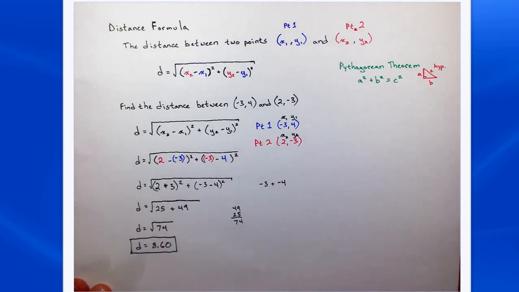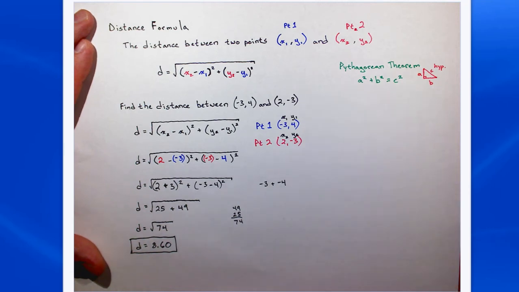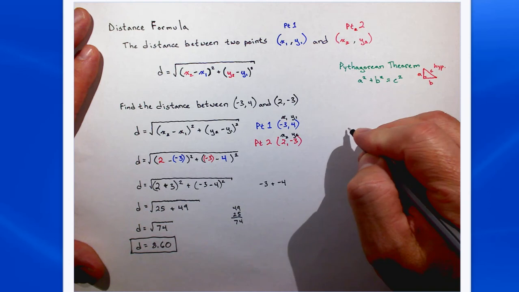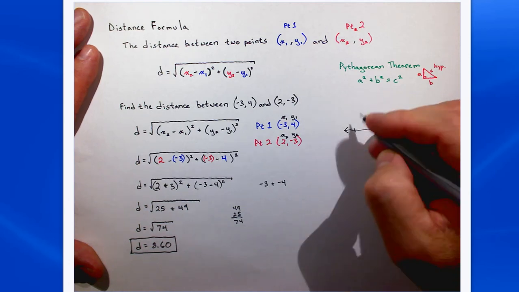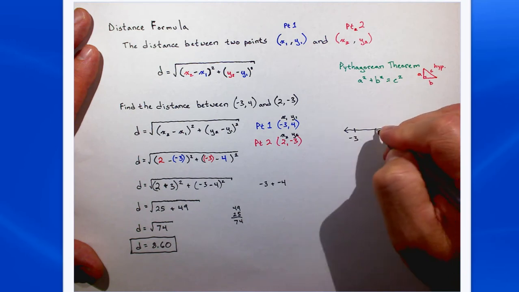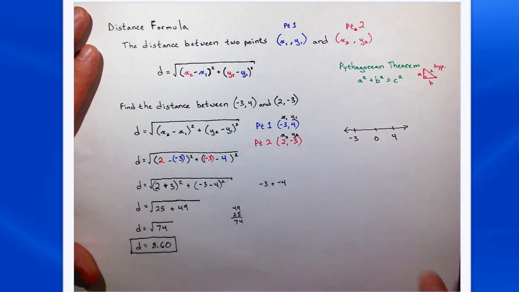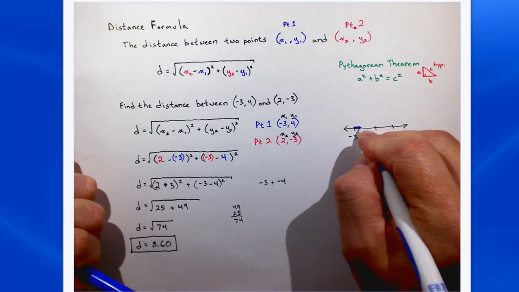Now, this is the distance between 2 points, but it's not a vertical line or a horizontal line. We dealt with distance in 5th and 6th grade on a number line. For instance, if I had a -3, 0, and let's say 4, and I wanted to find the distance from here to here.